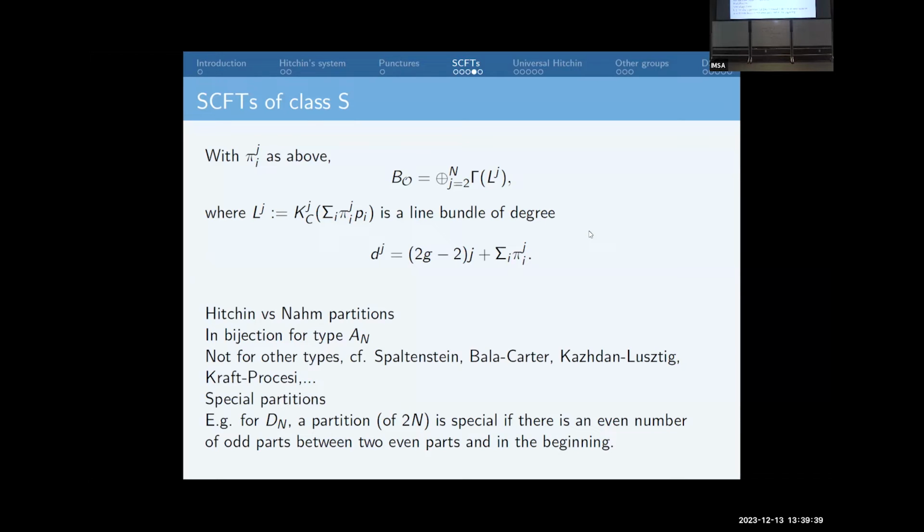If you want to do the story for other groups, there are all kinds of things that change. First of all, there are two types of partition that you should consider: the Hitchin partition and the nilpotent partition. In the case of SLN, you just take the dual partition. In other words, instead of looking at a bunch of rows, you put the same lengths on columns and read it the other way. It's just a transpose of the diagram.